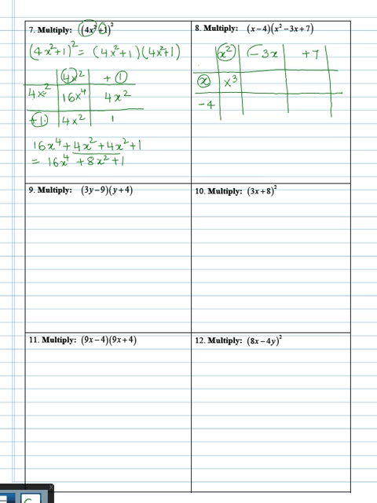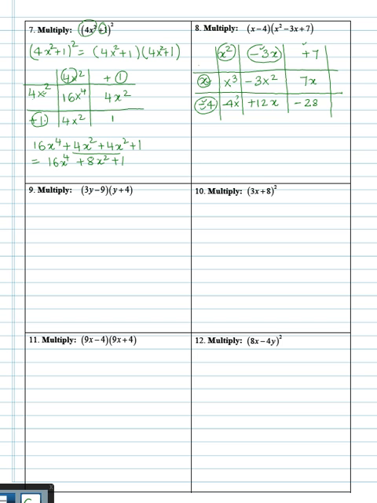X times negative 3x gives me negative 3x squared. X times 7 gives me 7x. Negative 4 times x squared gives me negative 4x squared. Negative 4 times negative 3 gives me positive 12x. Negative 4 times positive 7 gives me negative 28.